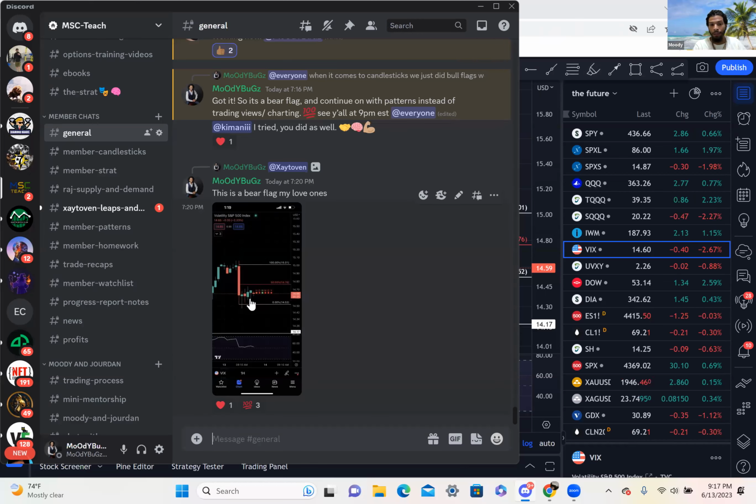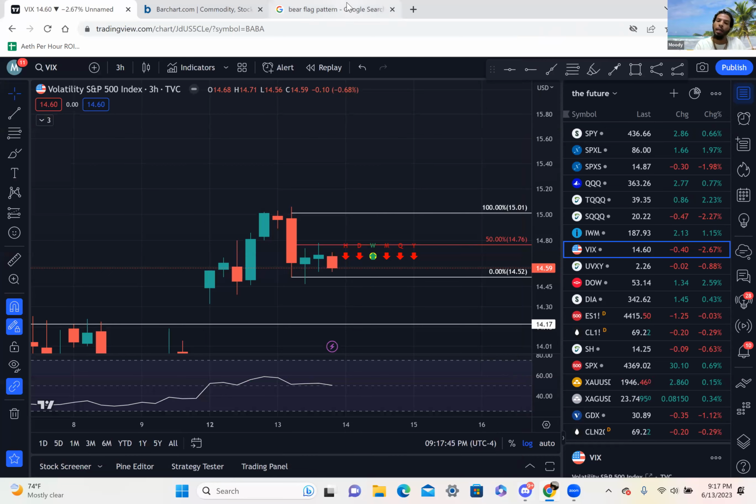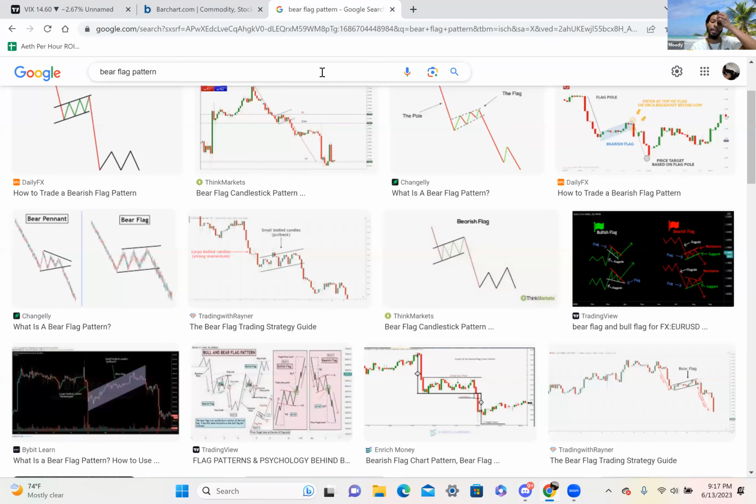So that's what a bear flag is not always going to look like, right? But before we talk about how to trade it and things of that nature, just want to bring you over, because just like you have the bull flag, you'll have the bear flag or the bear pennant. The pennant is always going to create a triangle.